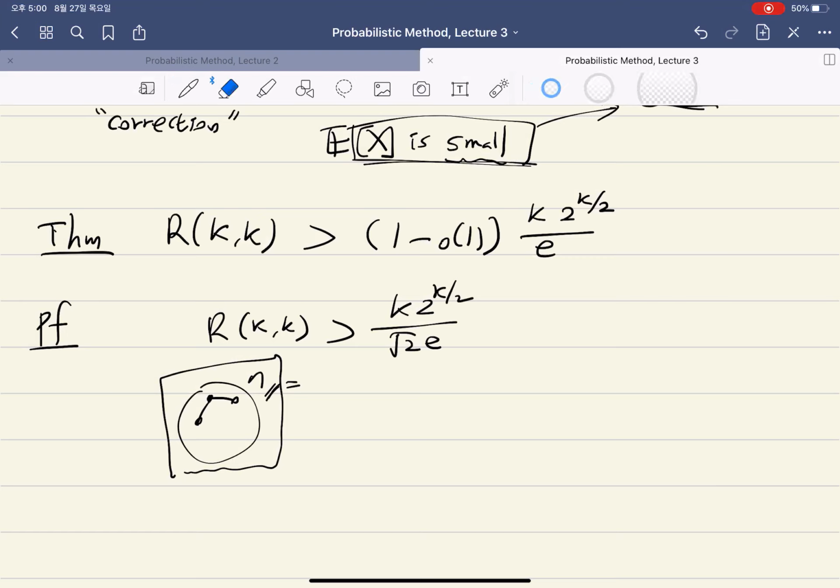But here what we will do is we will let this n be bigger than before. So n is slightly bigger.